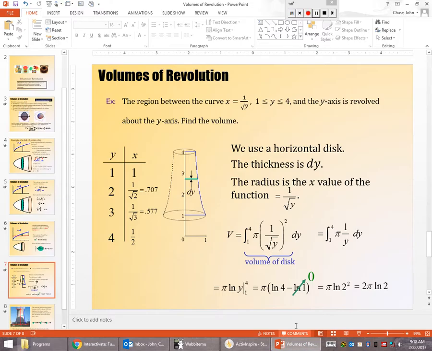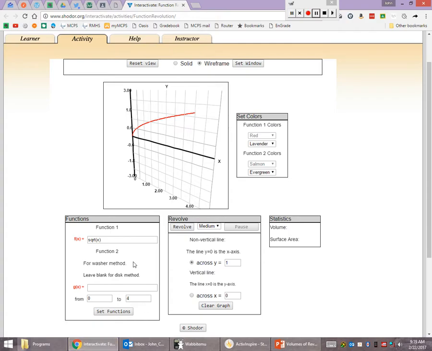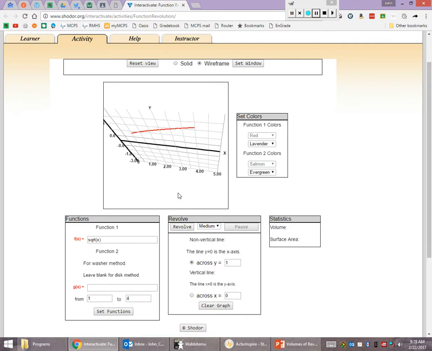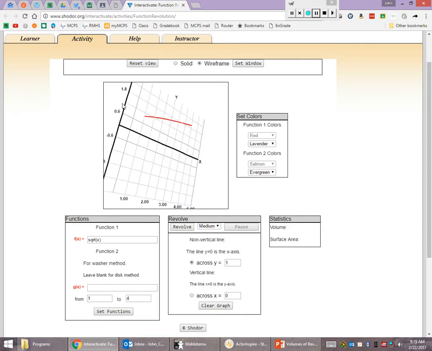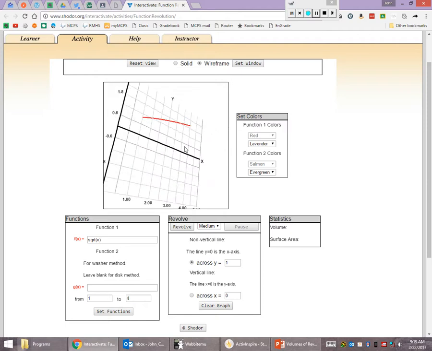Oh, here. We went from 1, since that was the intersection, right? Otherwise, it doesn't make sense. So from 1 to 4.